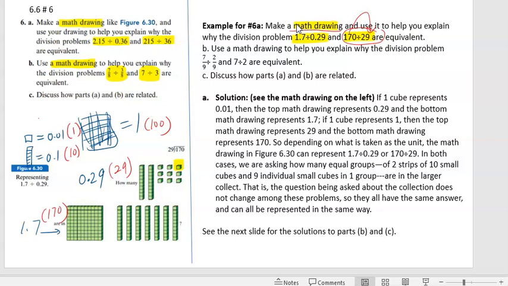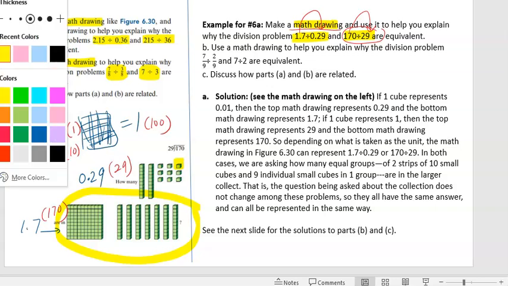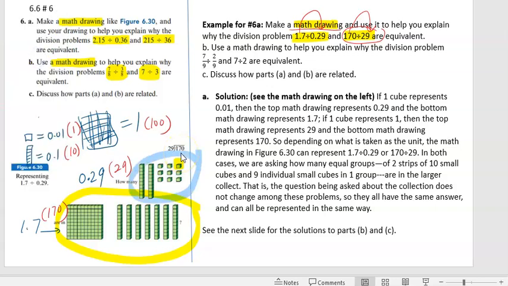Same thing here. 1.7 contains how many 0.29s? Graphically, it's asking how many of these blocks contain how many of these blocks.